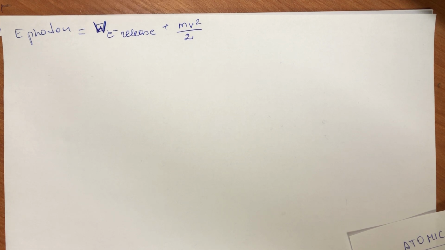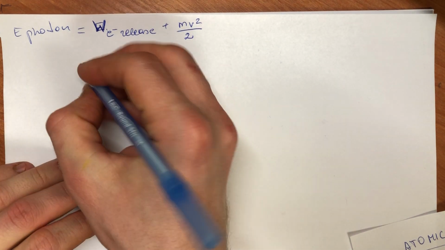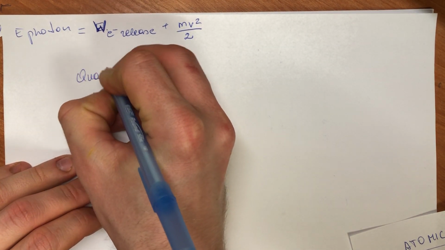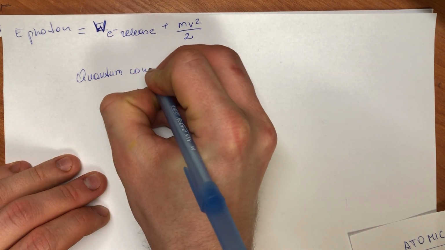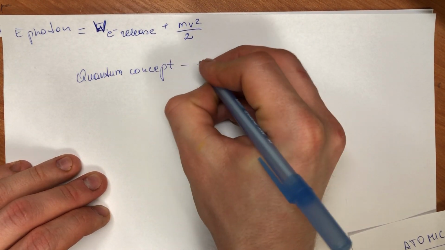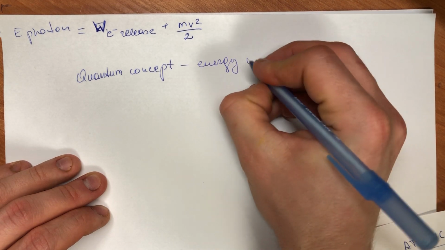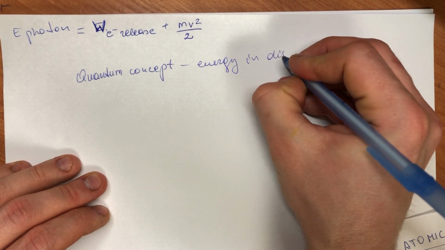So the quantum concept is that in classical physics, energy was thought to be found in continuous amounts. And now the quantum concept is thinking about energy as quantized, in discrete amounts.